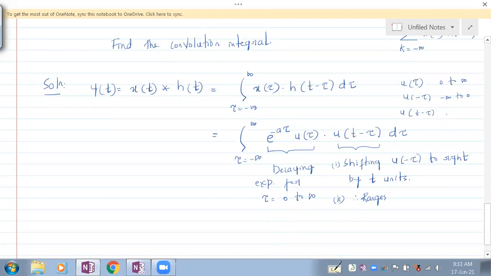No. It's shifting u of minus tau to the right by t units, I'm saying. So the range is minus infinity to t. Minus infinity to t. That's it.